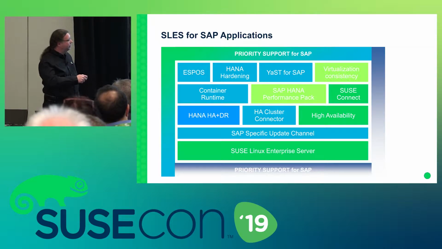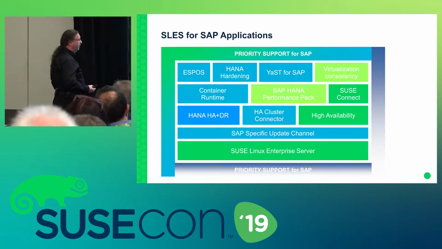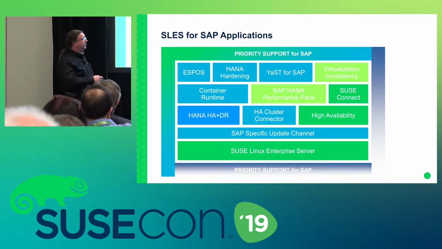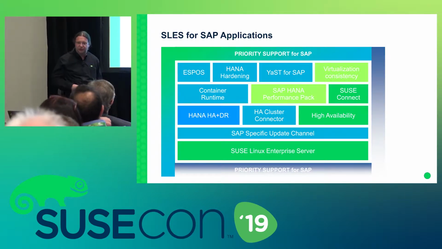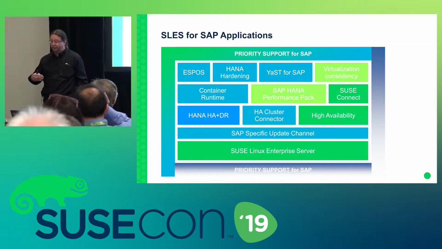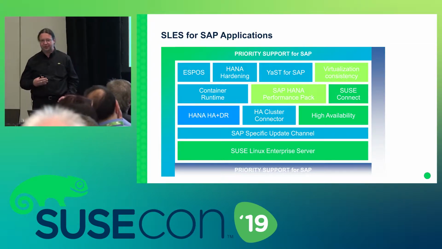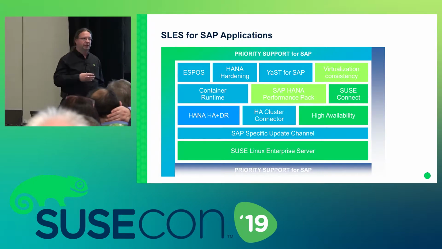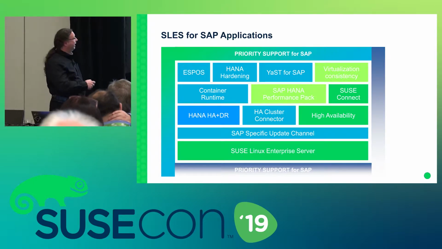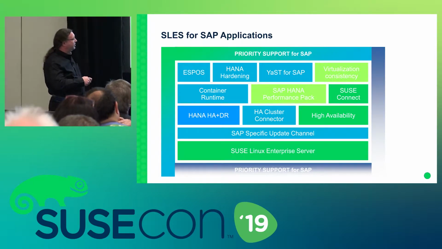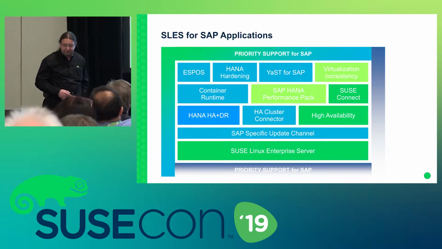We continue to provide the YaST modules for SAP for configuring and for installing the systems. And we have virtualization consistency, which means no matter which virtualization technology you put SLES for SAP on, you run it consistently. Right? And everything is wrapped into priority support.